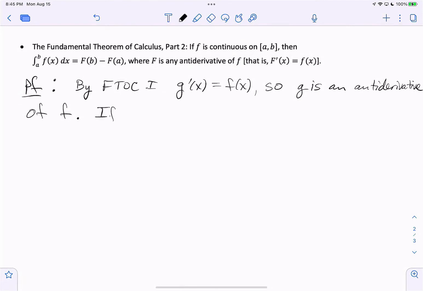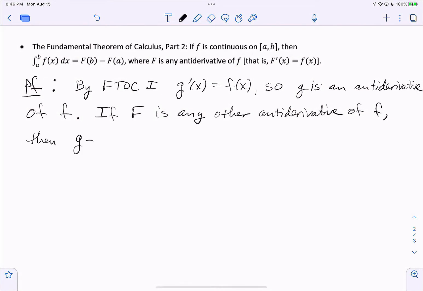If uppercase F is any other antiderivative of lowercase f, then g minus F is equal to c, a constant. That is, if I have any two antiderivatives of the same function, they differ at most by a constant. To see why this is true, we're going to do a little proof within a proof.